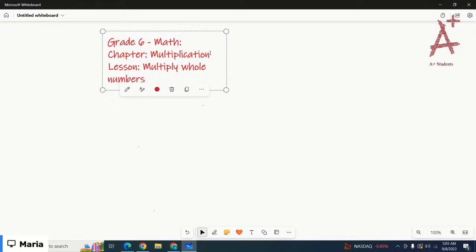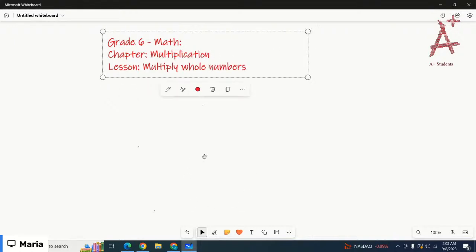So just listen to me carefully. Please make sure you have your notebook and pencil so that you can note down the important examples and definitions as well, right? So let's just start with the first example.